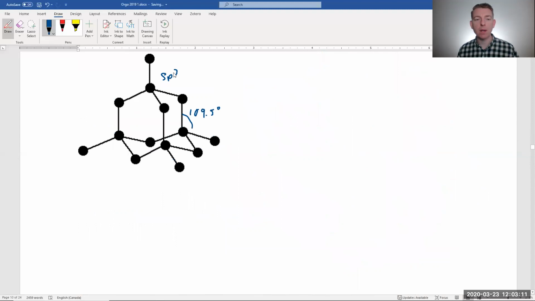But when they're all sp3 hybridized and all of the electronic density is localized to a single atom, then we lose that conductivity. So that's why diamond insulates, where other carbons can be conductive.